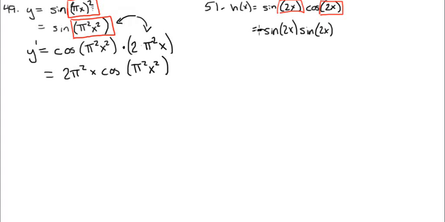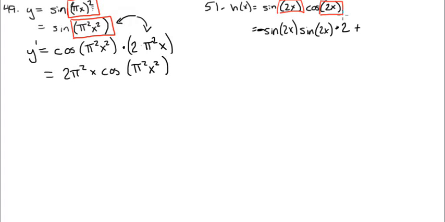And here I brought that negative out to the front, just because that's just a factor and I don't want to include grouping symbols. And then I multiply by the derivative of 2x, which is just 2.